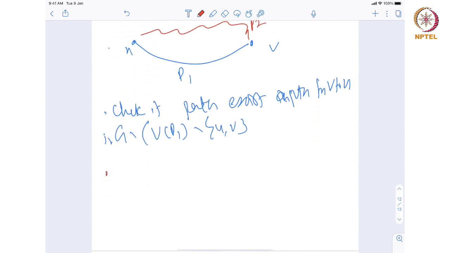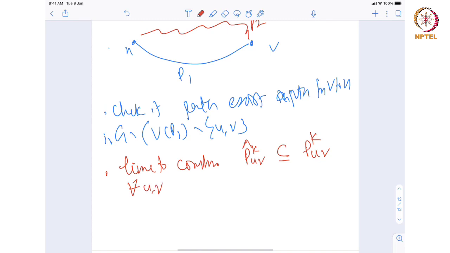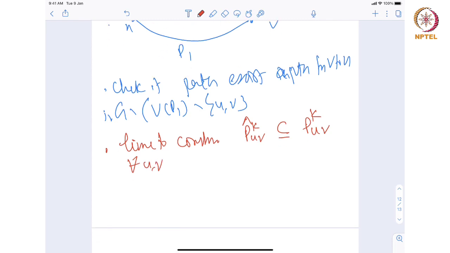So what is the running time of the algorithm? Time to construct P U V k hat, from P U V k for all U comma V. With our algorithm, we know how to compute this the same way we did for k paths.